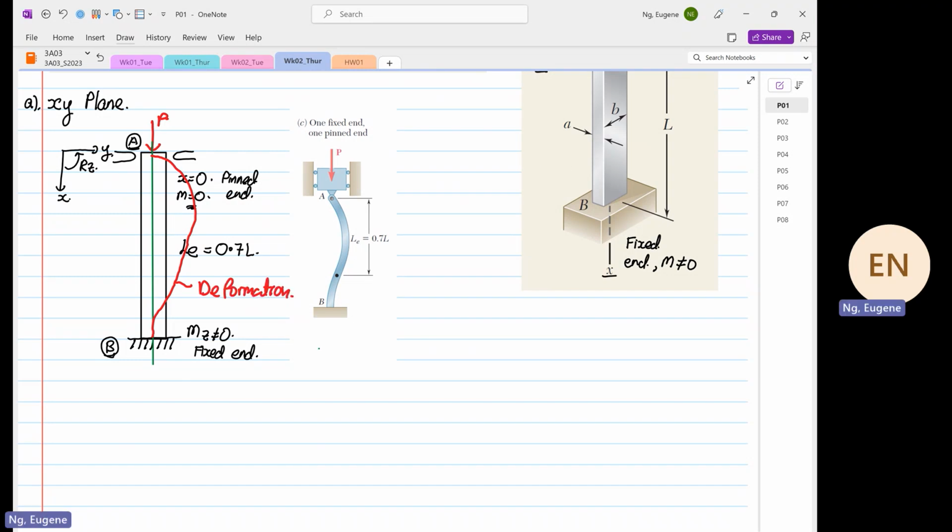So looking at the deformation, the curvature, right? The curvature of the deformation, which I'm highlighting in yellow now, is the same curvature as RZ.